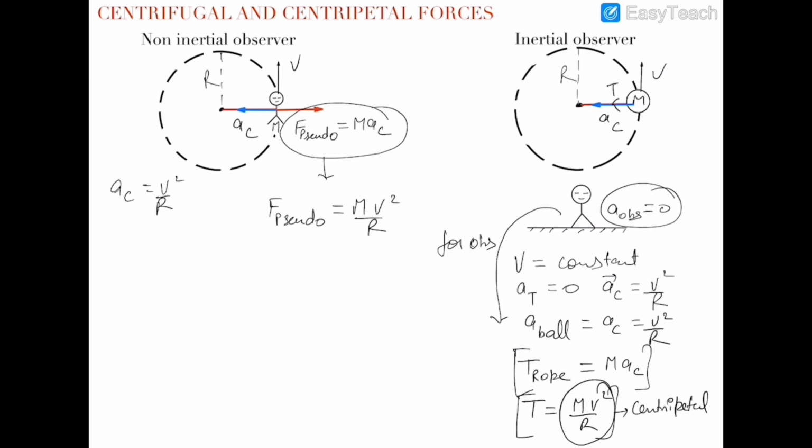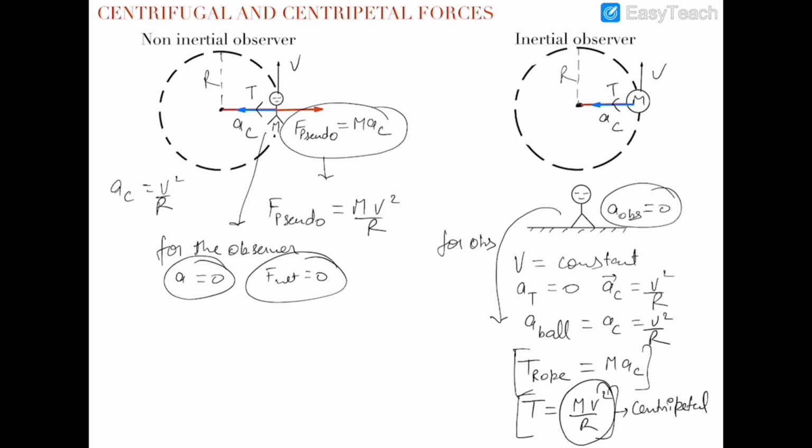Now this tension force will be balancing. When this man is observing himself, he is the observer for his own motion, so for himself his acceleration will be zero, and the net force acting on himself will be zero, because he would be at rest for himself.